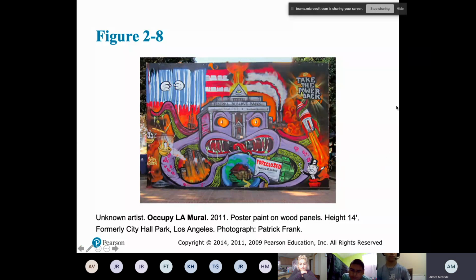The Monopoly man is never a good thing. Monopolies themselves are not a good thing. So he's also making a statement that the Federal Reserve Bank is a monopoly, which is technically illegal according to our government. So not pleased. He's conveying to the viewer that he is not happy with the state of the economy in 2011.